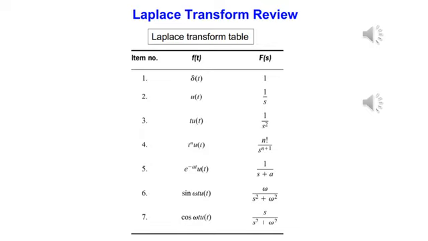A few other functions, like e raised to the power minus alpha t times u of t, involve a rotation in the time domain that will be changed into a translation in the frequency domain. Remember that u of t has the Laplace transform 1 over s, while e raised to the power minus alpha t is just a multiplier to u of t. Then this 1 over s will be translated a little bit. How much is the translation?